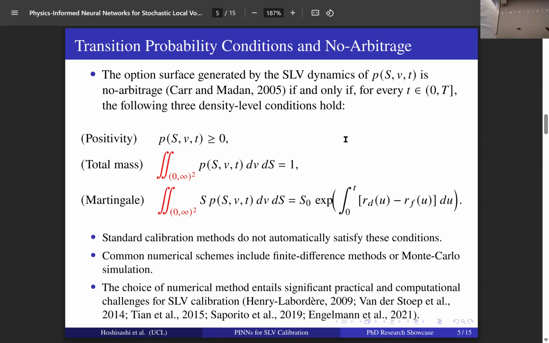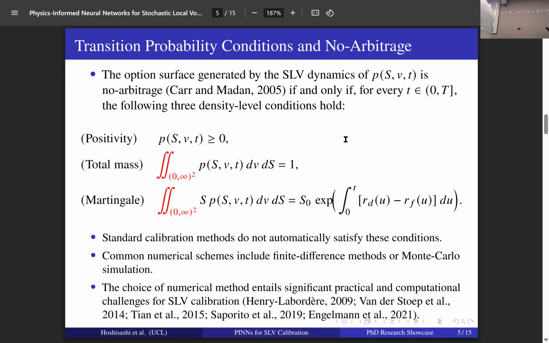So these three are related with the no-arbitrage condition in finance, and we need to calibrate P and L, and also P should satisfy these three conditions at the same time. That's the problem formulation.